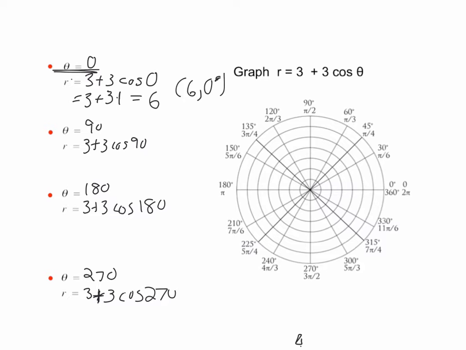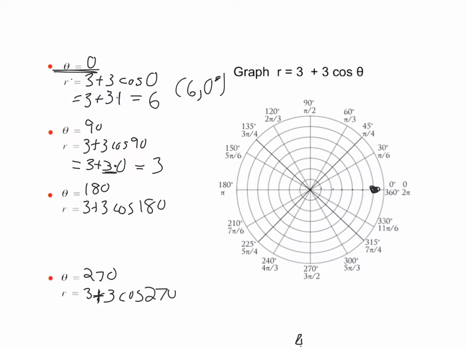So if I rotate 0 degrees, I'm still facing the right, and then I need to go out 1, 2, 3, 4, 5, 6 steps in the positive direction. Then we move to the next one. 3 plus 3 cosine 90 will be 3 plus 3 times the cosine of 90 on the unit circle, which is 0. So this 3 times 0 becomes 0. This is really 3 plus 0, which is 3.